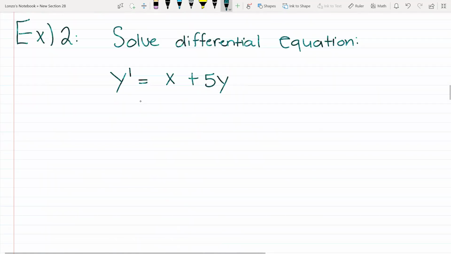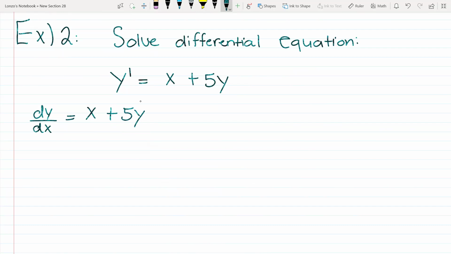Okay, let's look at example 2. We have to solve this differential equation. First I'm going to put it in standard form. So y prime can be expressed as dy over dx equals x plus 5y. Then I move this 5y to the left because I want this to have a y in it.